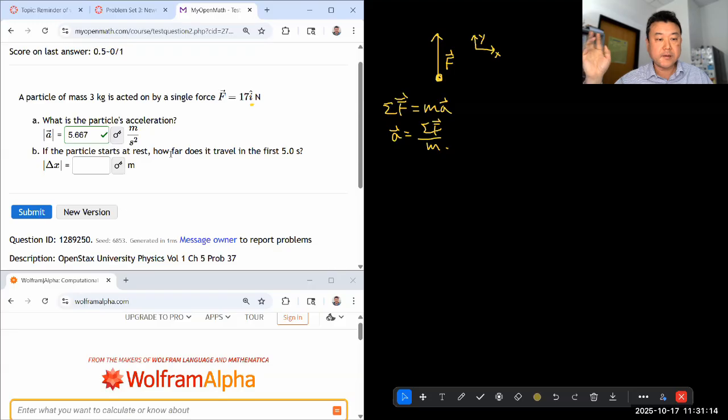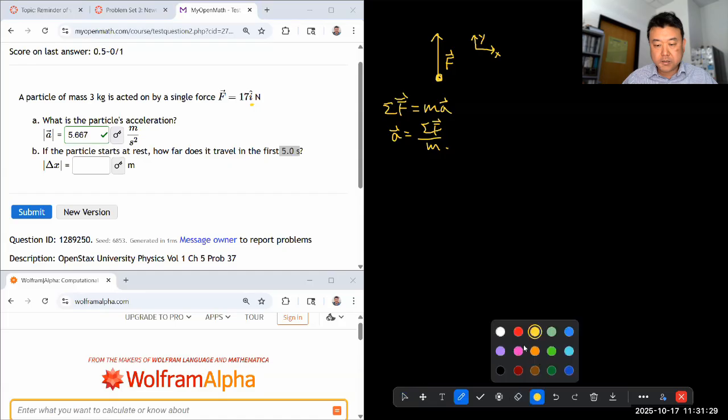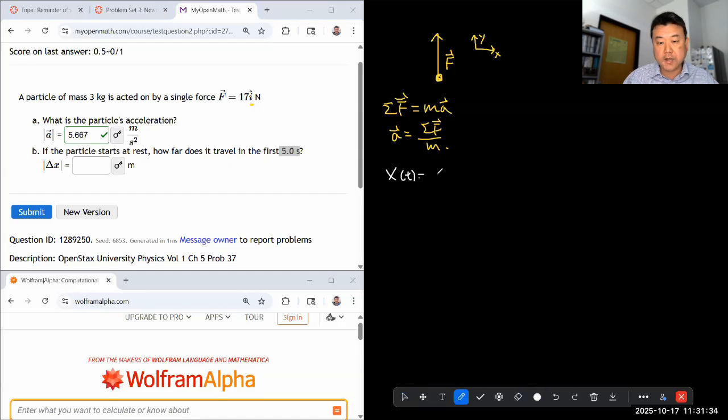What I'm remembering is I'm given the initial speed, and I'm given the time, and I calculated the acceleration. So I think the expression that will be most useful here is the one for position as a function of time, which is the initial position plus the initial velocity times time plus 1/2 times acceleration times time squared.